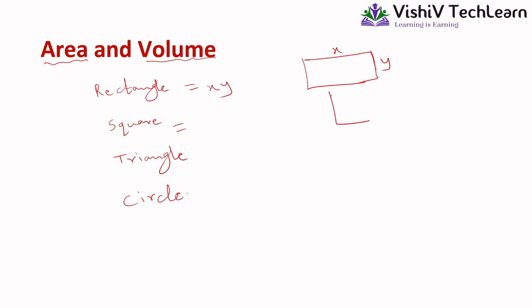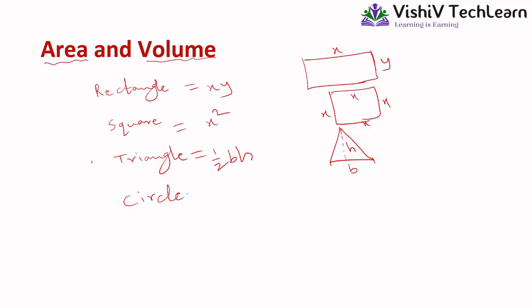If it is a square, then all the sides are equal, x, x, x, x, the area of square is x square. If it is a triangle, for example like this, the height of the triangle is, let's say, h, and the length of this edge is b, base is b, then area of triangle is half into base into height.